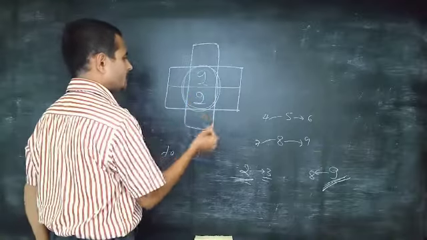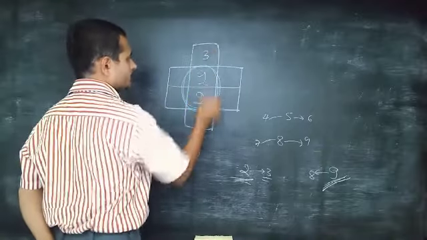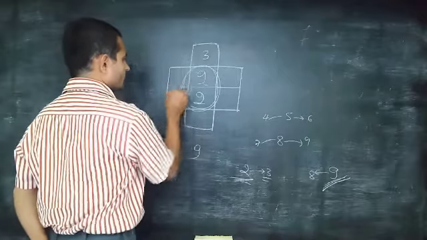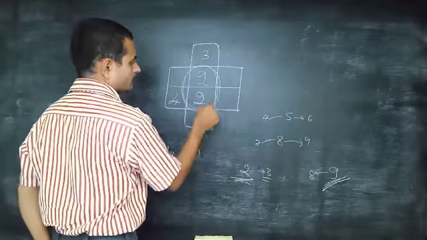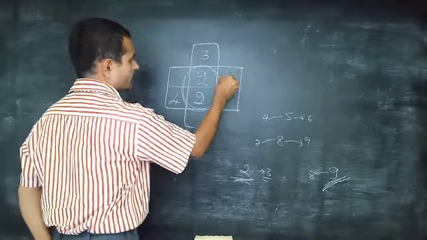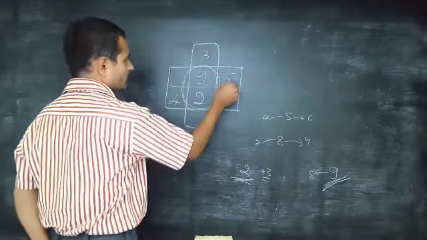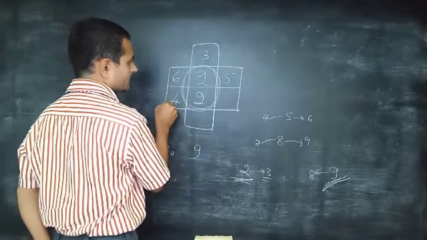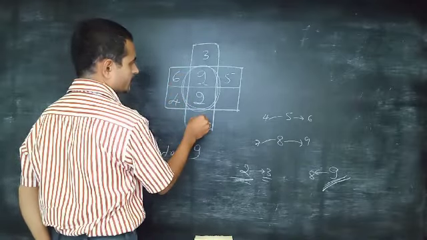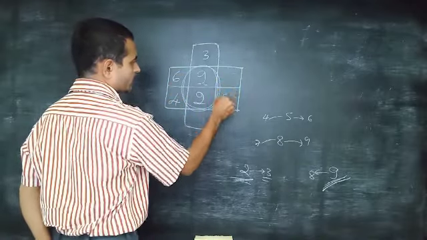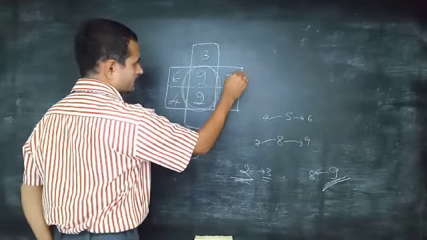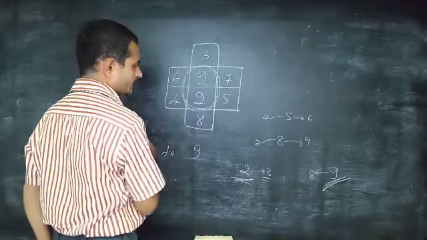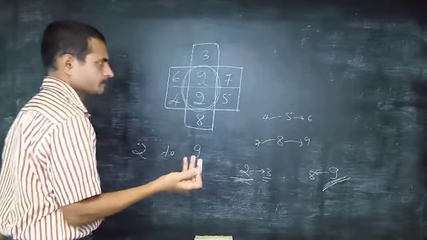The remaining part anyone can do. 2 3 is not possible. 4, 5, 6, 7, 8. So 5, 6, 7, 8. We got the answer.